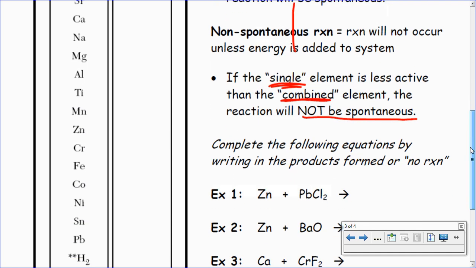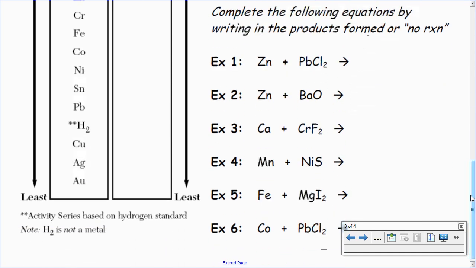I'm actually going to have a reference table J out next to me because I don't want to be scrolling up and down all the time. So I've got reference table J here, and I'm comparing the single element to the combined element. The single element is the zinc versus the combined element, the metal lead.